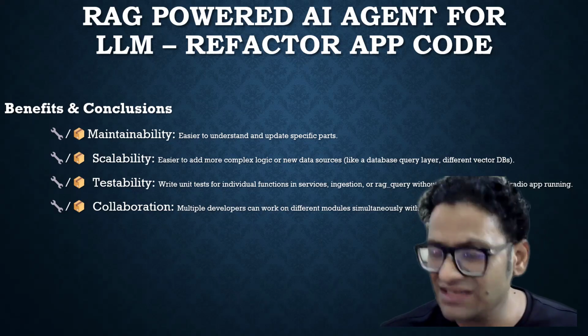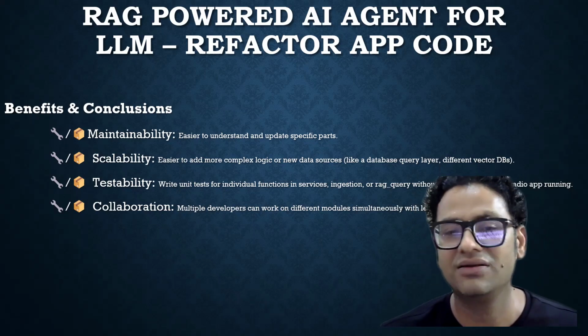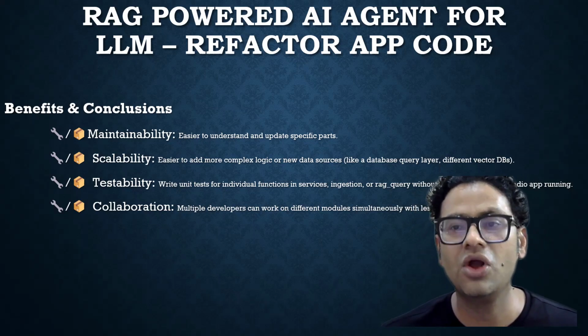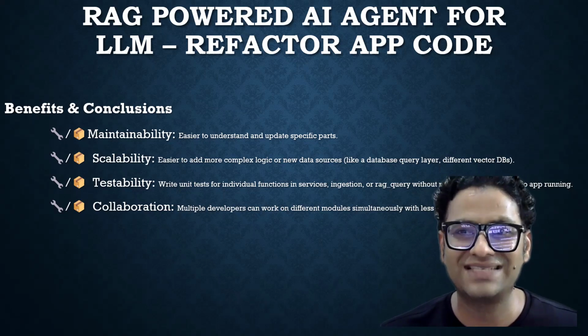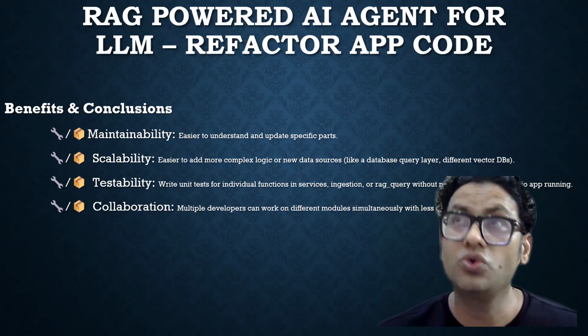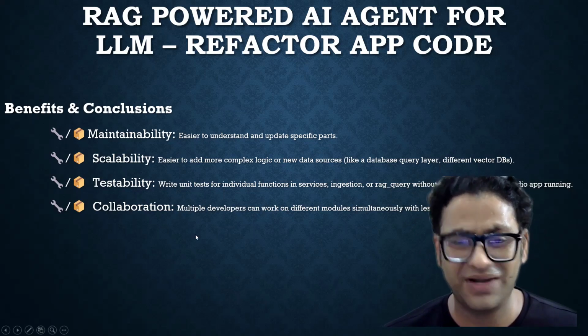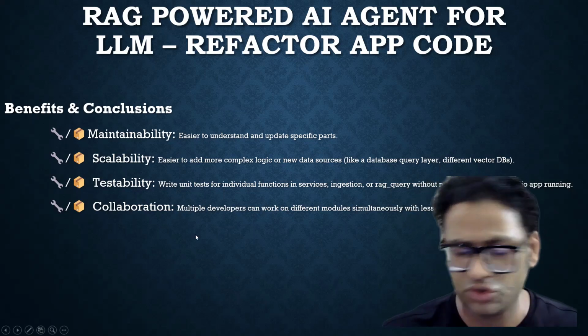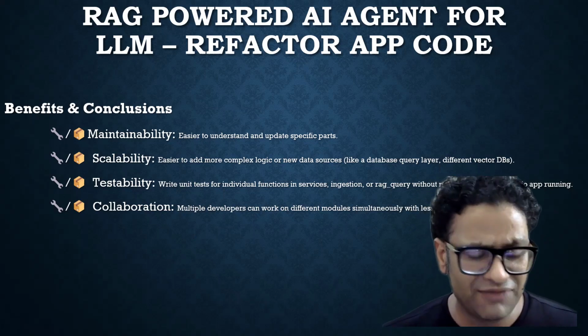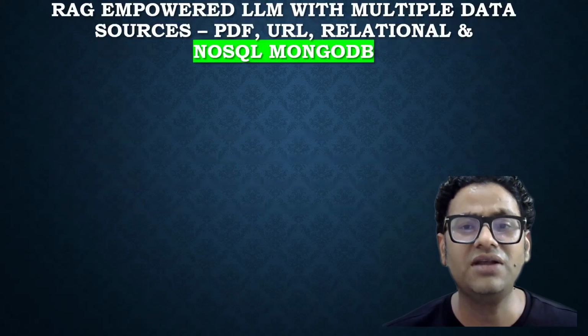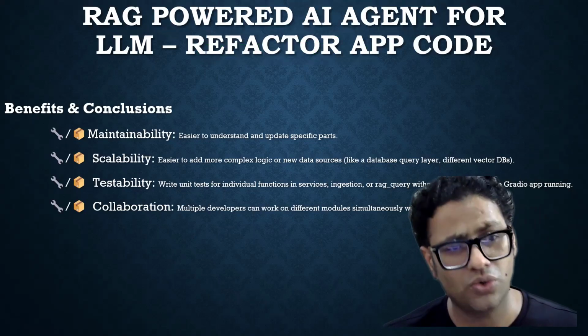We can do integration testing as well, but we will have more control over the precise testing to be targeted or covered. Same with collaboration, because we can utilize multiple developers now. Because we have individual packages, different developers can work on different pieces of code.